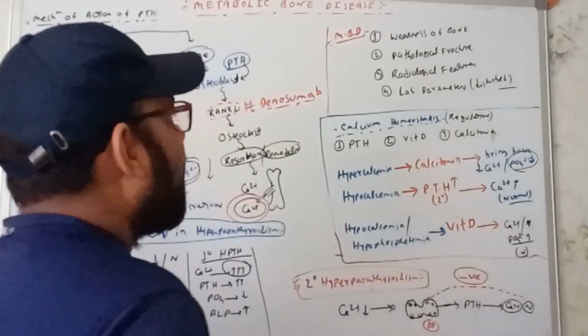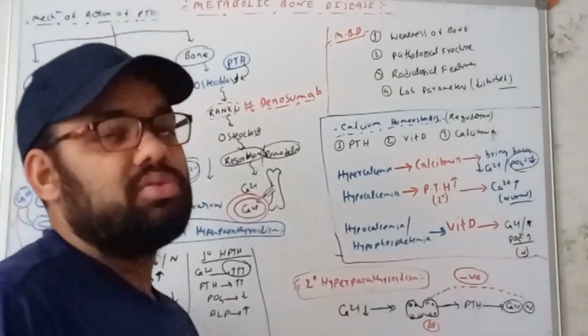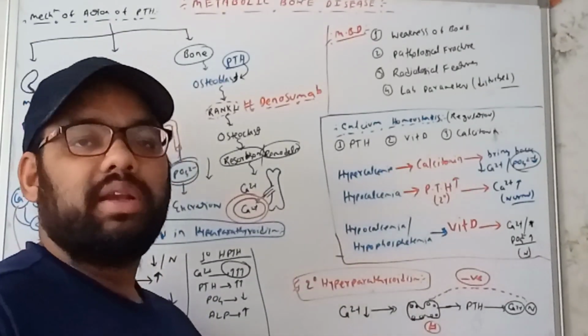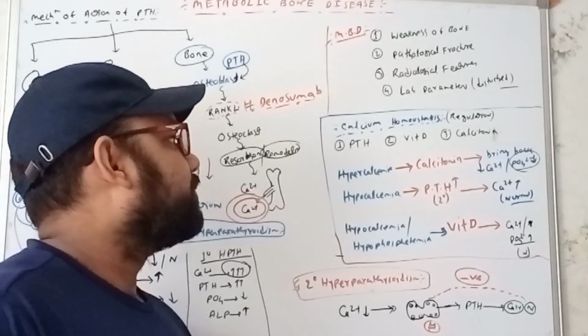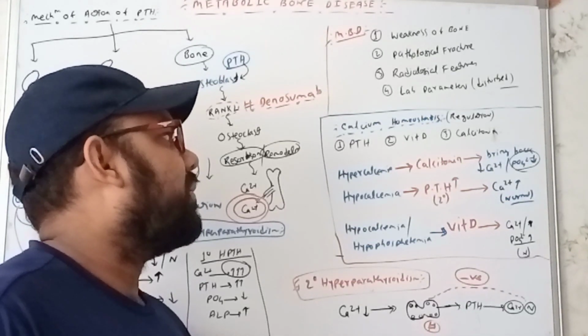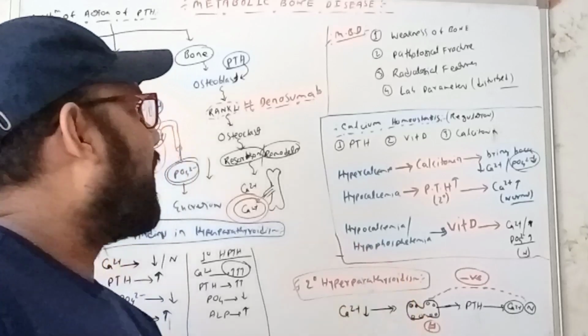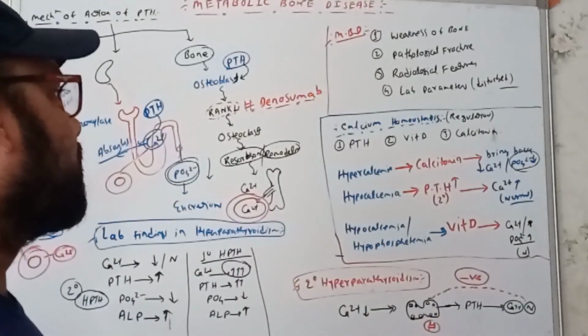So the weakness of the bone, pathological fractures, radiological features clearly shown on the X-ray, and disturbed lab parameters: these are the findings as far as metabolic bone disorders are concerned.